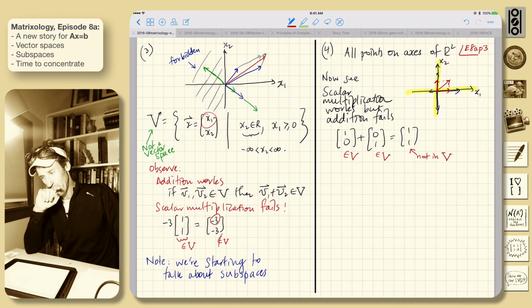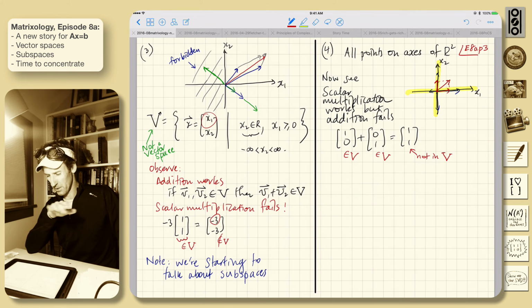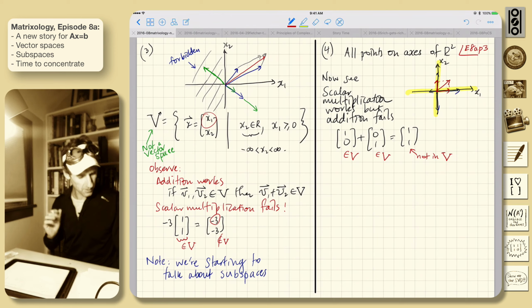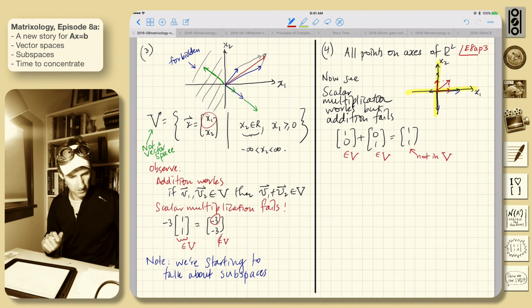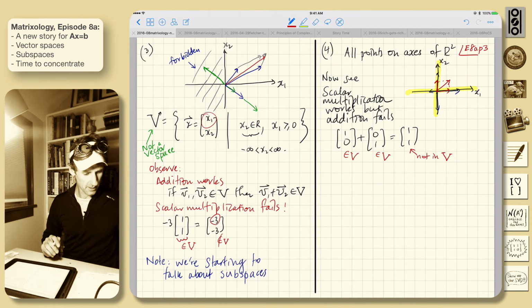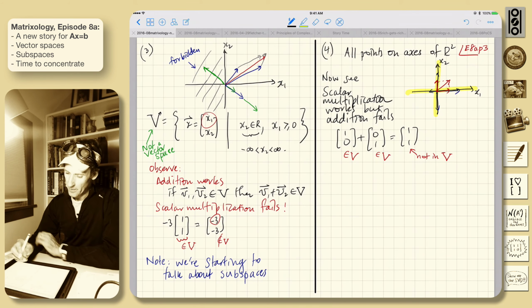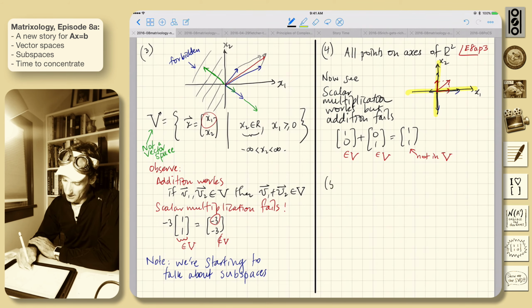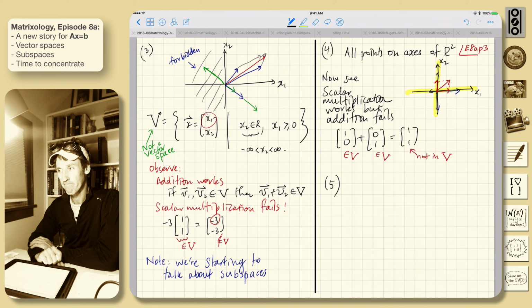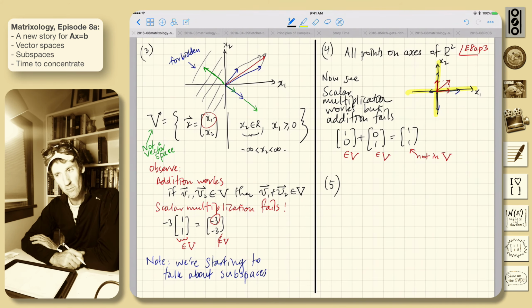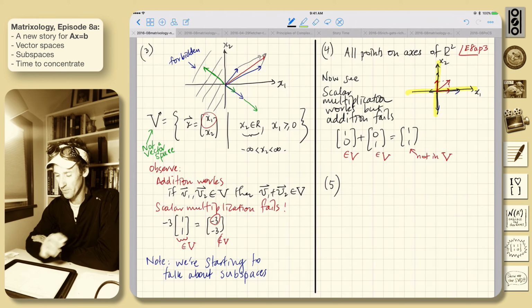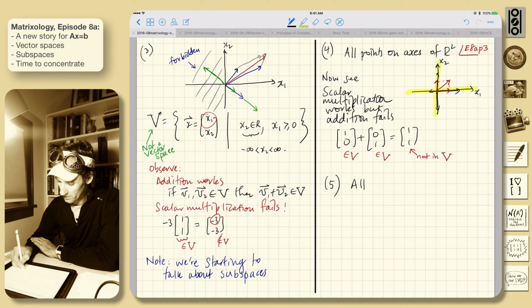So subspaces are going to be pretty simple for us, but we have to write down some rules and kind of struggle with this a little bit. Here's one strange example, perhaps. All m by n matrices form a vector space.